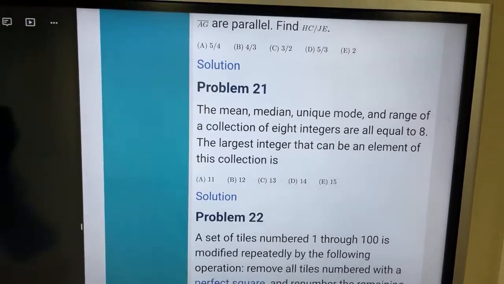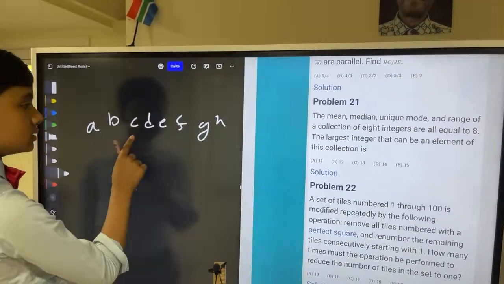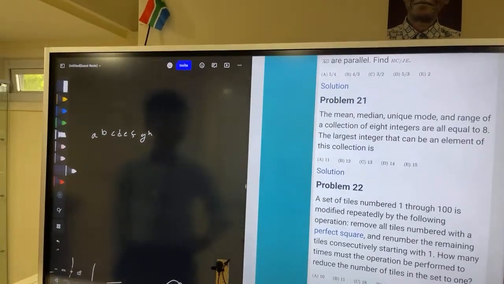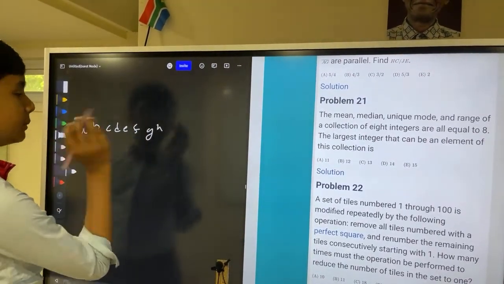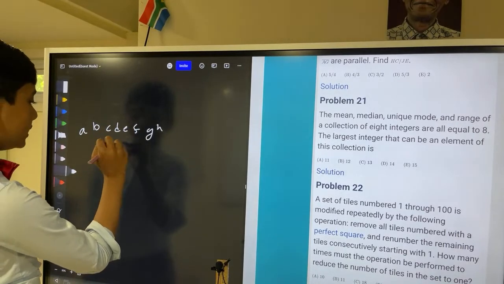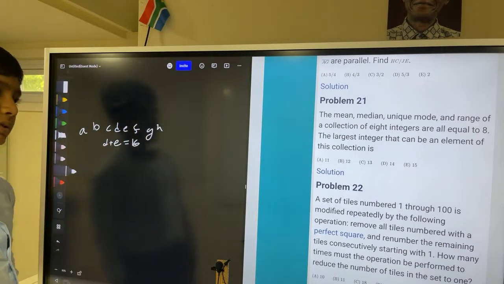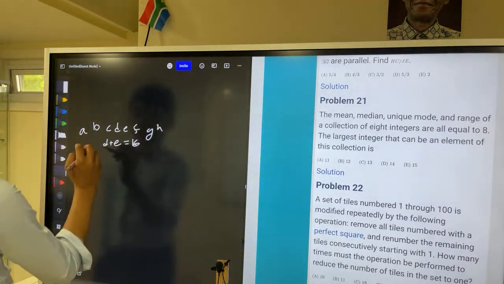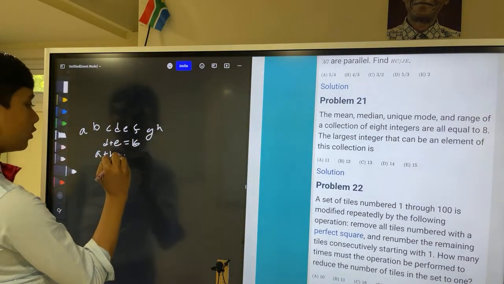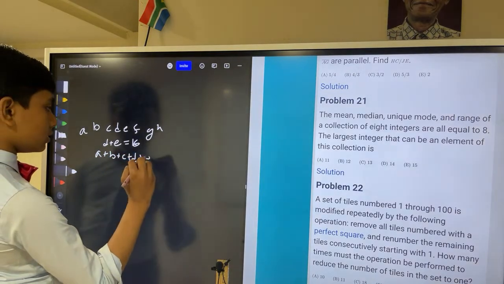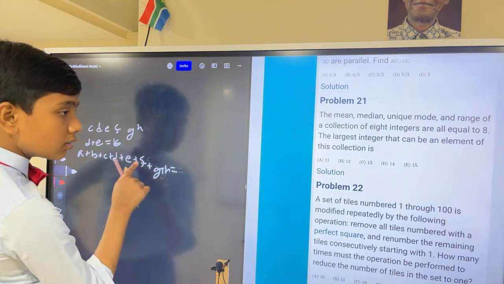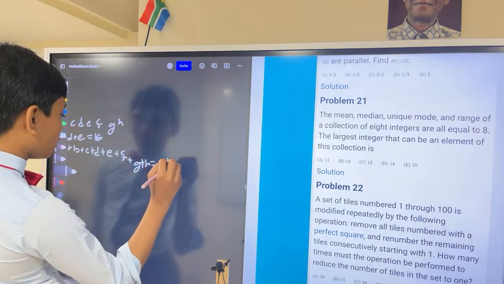A, B, C, D, E, F, G, H. First of all, we know it's the median. D plus E is equal to 16 because D plus E over 2 has to be 8. Second, we know that the sum of all these integers is 8 times 8, which is 64.